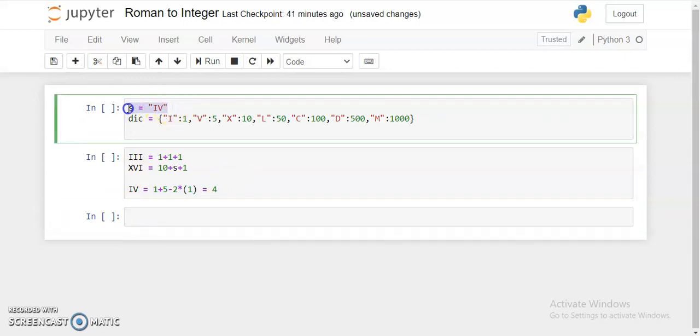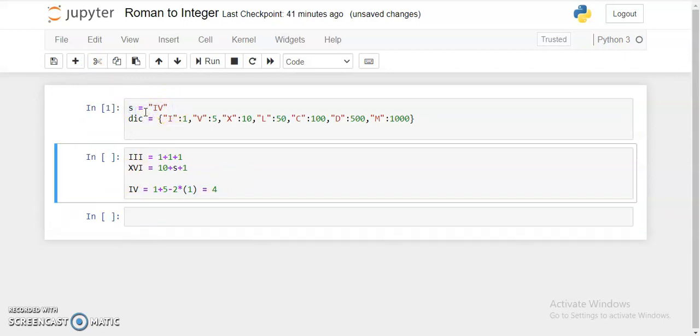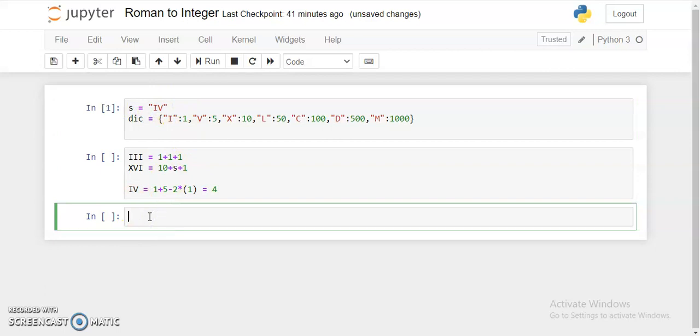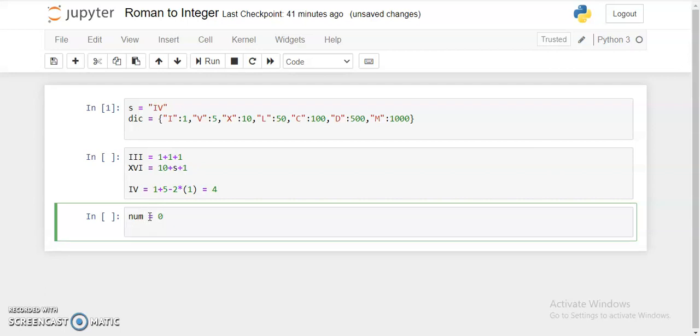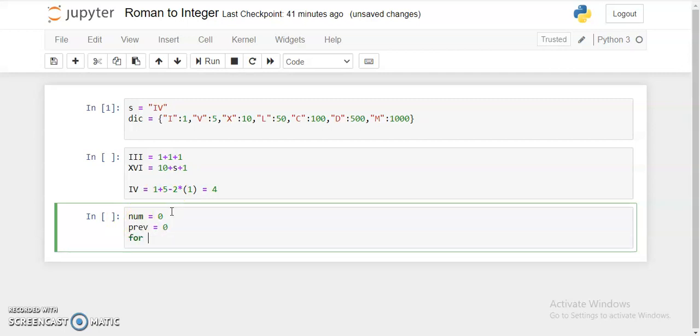Suppose our representation is this one. We are first going to have an integer value, num, initially 0. We are going to add all these values to this num, and previous is 0 initially. We loop over this string, for i in range of len of string.